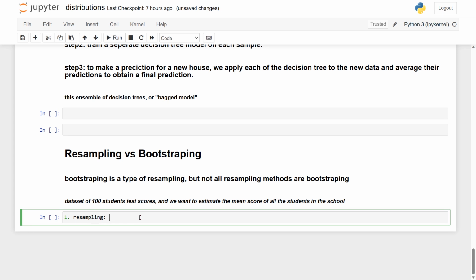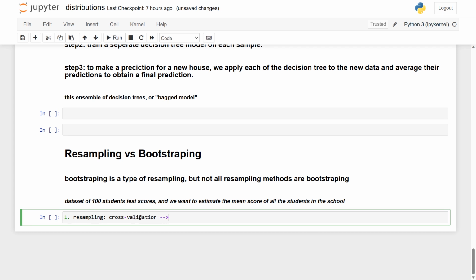For example, we could randomly divide the dataset into 10 equal parts and use 9 parts to train a model and the remaining part to test the model, and then repeat the process for all possible combinations of parts. By averaging the test scores across all the runs, we can estimate the mean score of all the students in the school. That method is called the cross validation method.